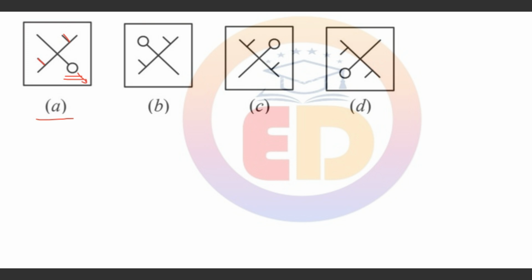However, in figures B, C and D, the circle and these two smaller lines are on the same side. However, in the first figure, the circle and the two lines are on the opposite side. So that is our answer, option A.